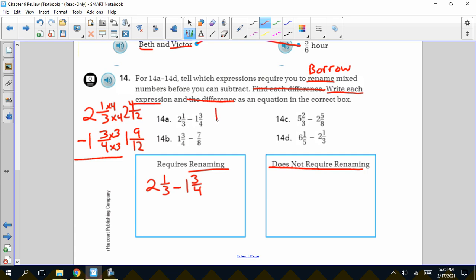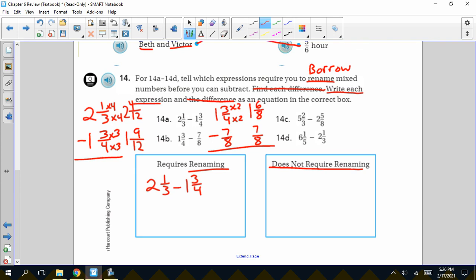14B, 1 3/4 minus 7/8. Again, find a common denominator before we can add or subtract or do anything with these fractions. So the common denominator, count by 4s, count by 8s. They both can turn into 8. Do the same to the top. That would be 1 6/8.